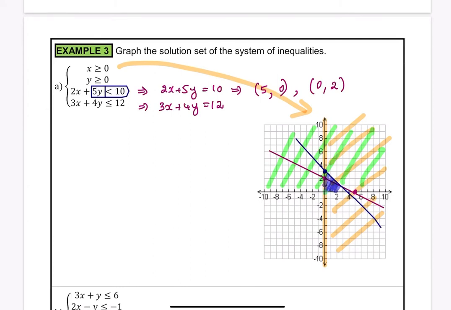It's maybe harder to see, so I will zoom it out in a moment. This corresponds to that line there, and this corresponds to that line over there, and everything is below.